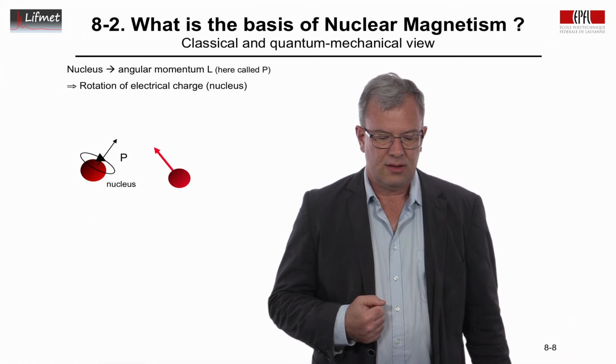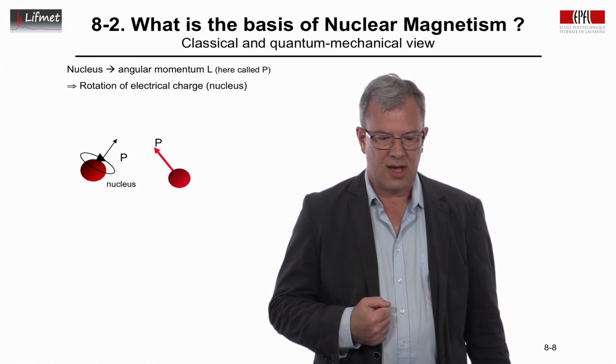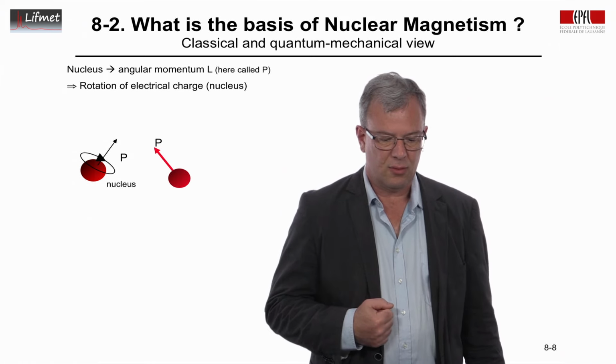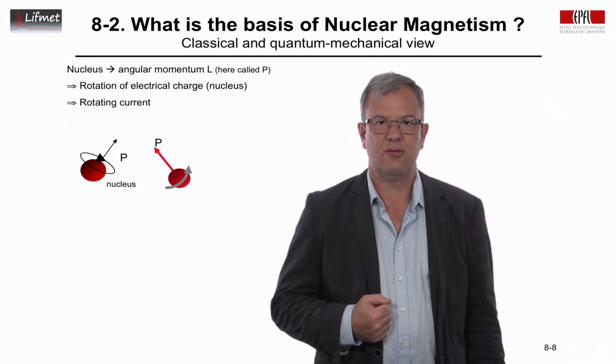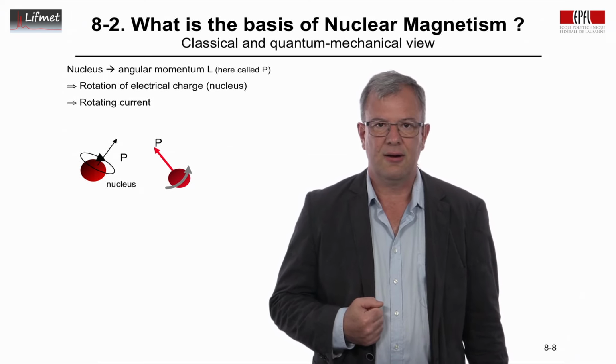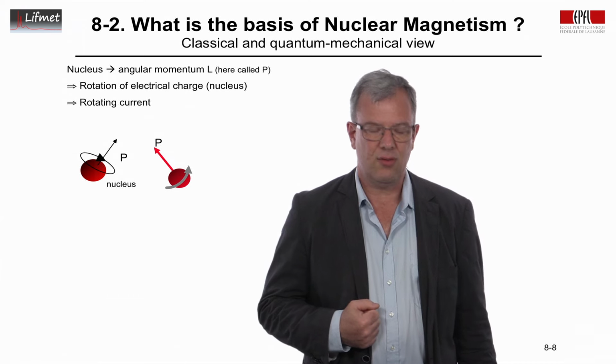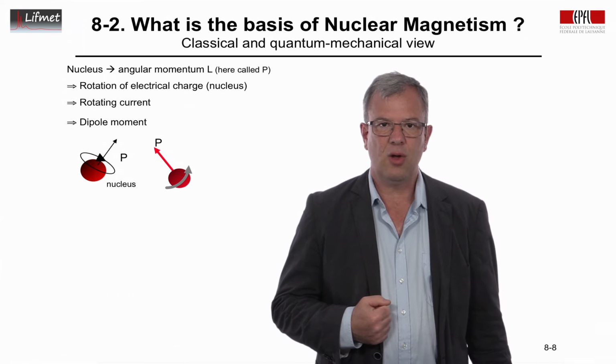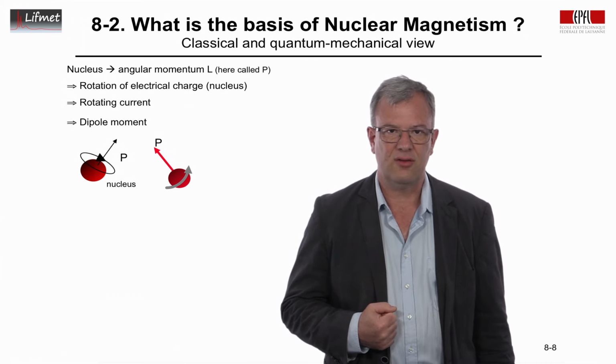So here is the angular momentum, and since we have a rotating current, we associate a dipole moment with it. It's just like a current. This is again the classical picture. It's not perfect, but it helps us understand where nuclear magnetism comes from.